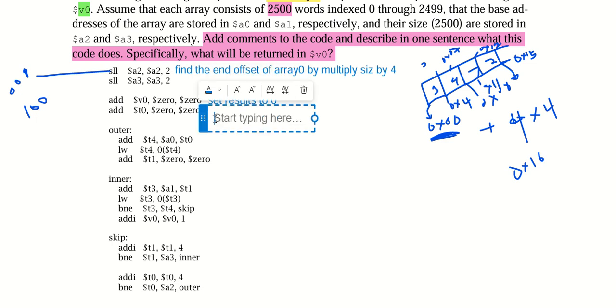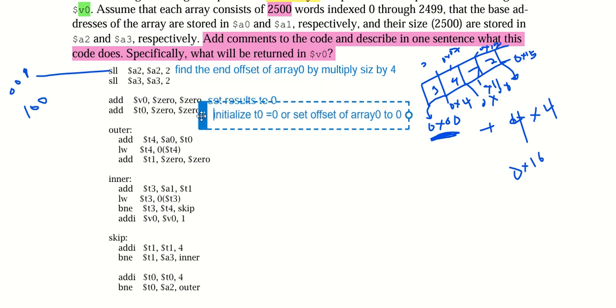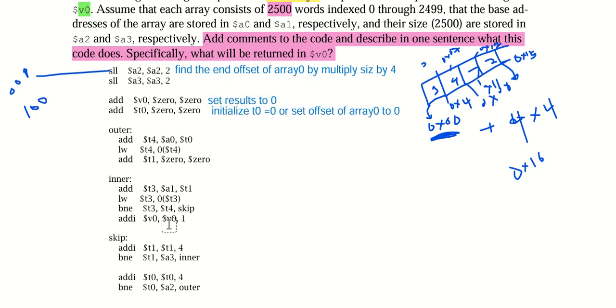So it means that we can say we initialize t0 to be equal to 0, or set offset of array 0 to 0. Now you also realize that t0 was being used here.